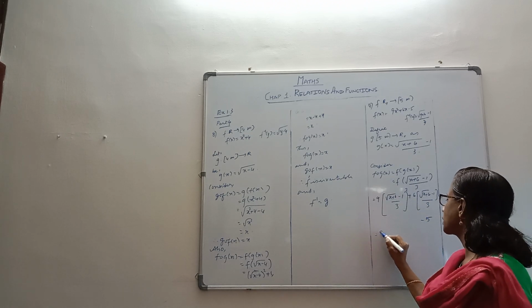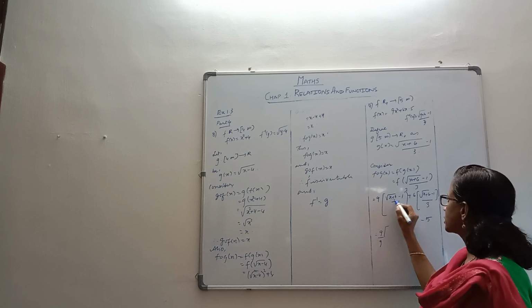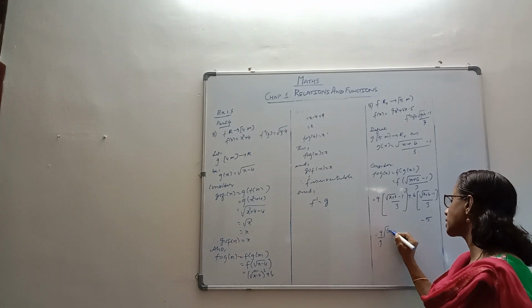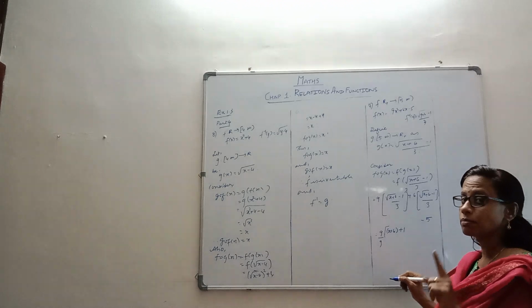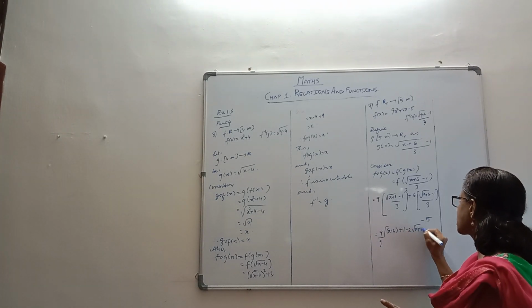So what is it going to be? 9 times the square of this, let's take the square of this. Square of root of x plus 6 is x plus 6, plus 1, a squared plus b squared minus 2ab, so minus 2 root of x plus 6.